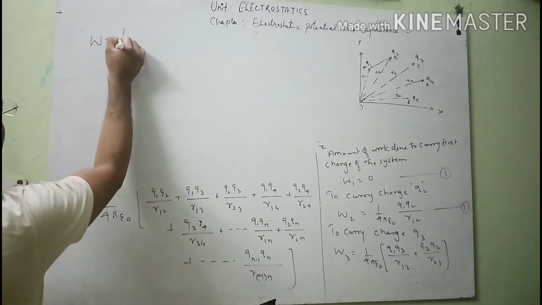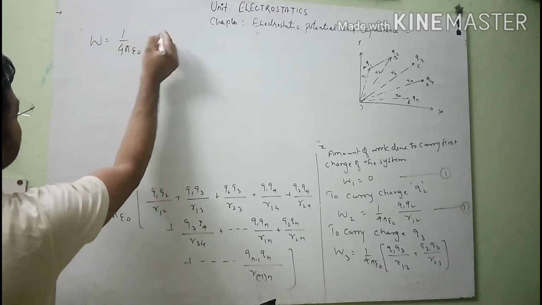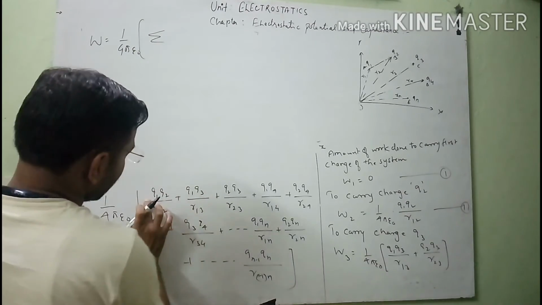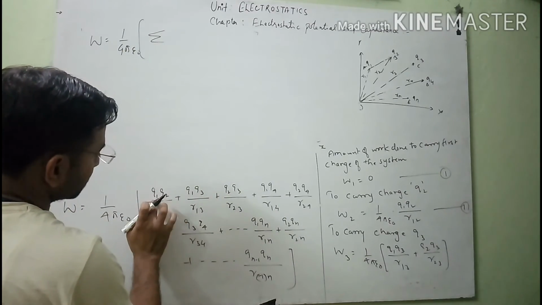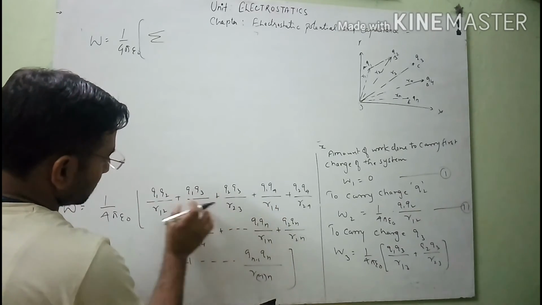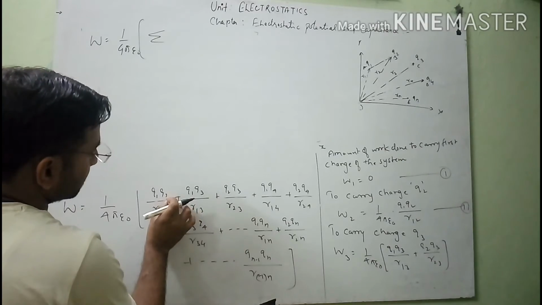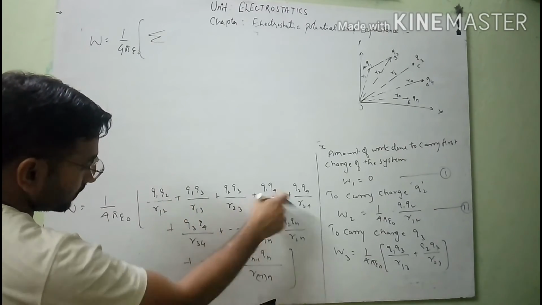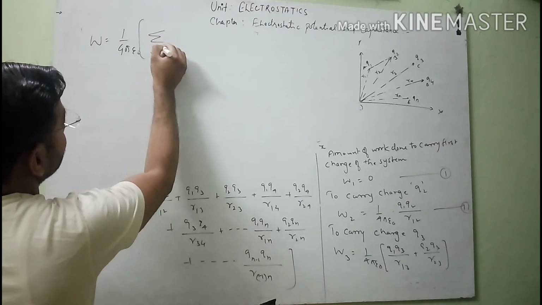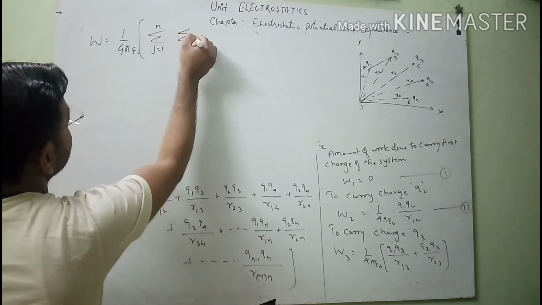So it is 1 over 4 pi epsilon naught sigma. I will use j and k variables for these two, because this first point is also variable, changeable, and the second is also changeable. The first charge is also changeable for all, you can see here. So I will use two types of summation.